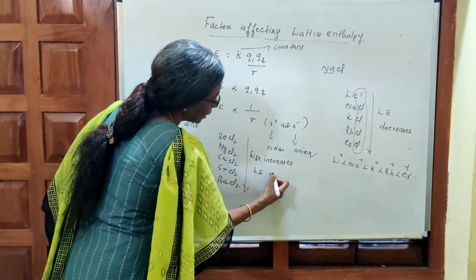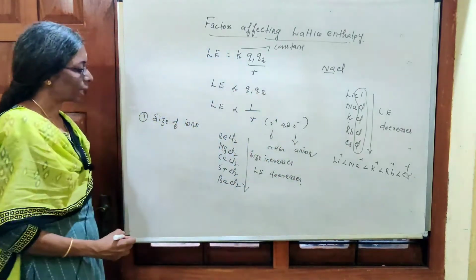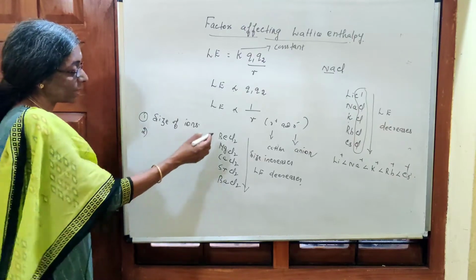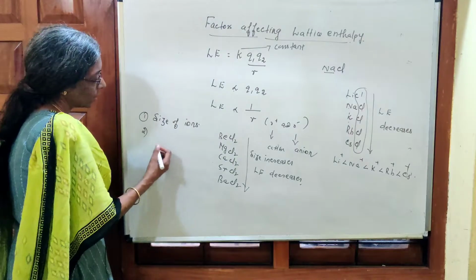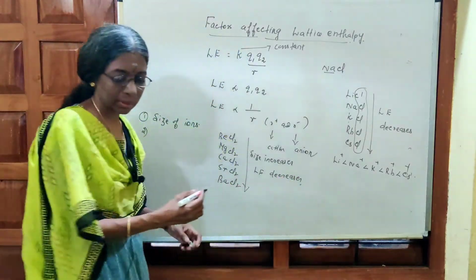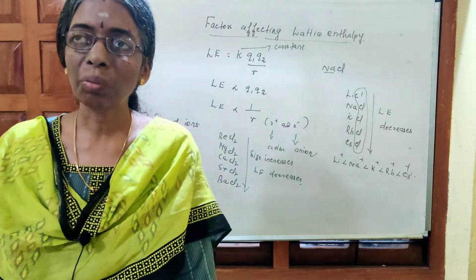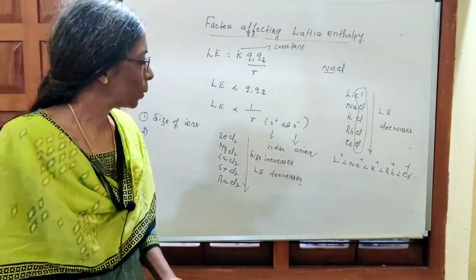Lattice energy decreases. Okay, size of ions. So here, size of cations. Next, size of anions. So with anions also, when the size increases, what happens? Lattice energy decreases.